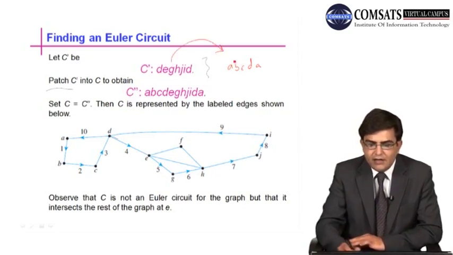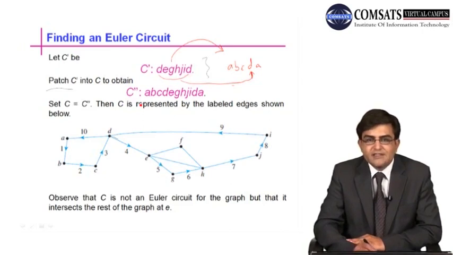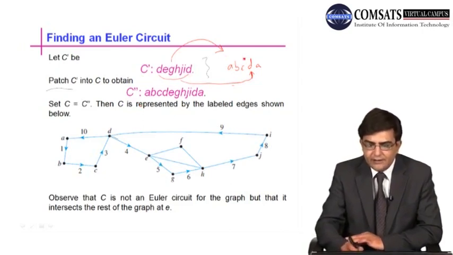Now here we have D, and insert here D to D instead of here in D. So this is how we patch up C dash into C. We write here again A, B, C, D.